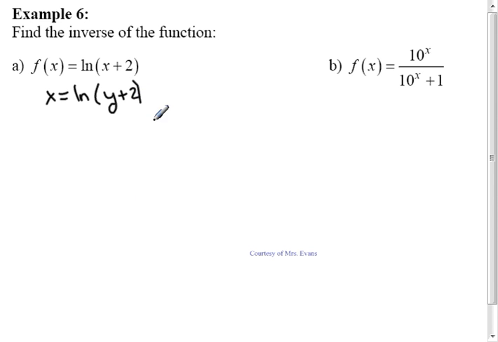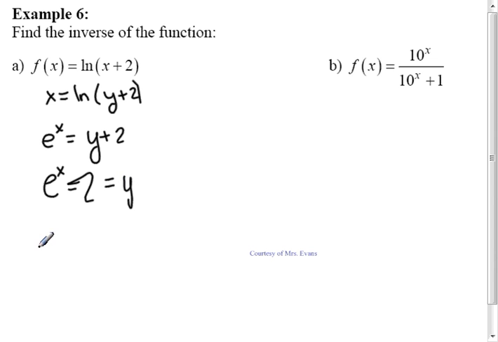Rewriting this in exponential form, I get e to the x equals y plus 2. Solve, and I get e to the x minus 2 equals y, or my inverse function. So I would say f inverse of x equals e to the x minus 2.